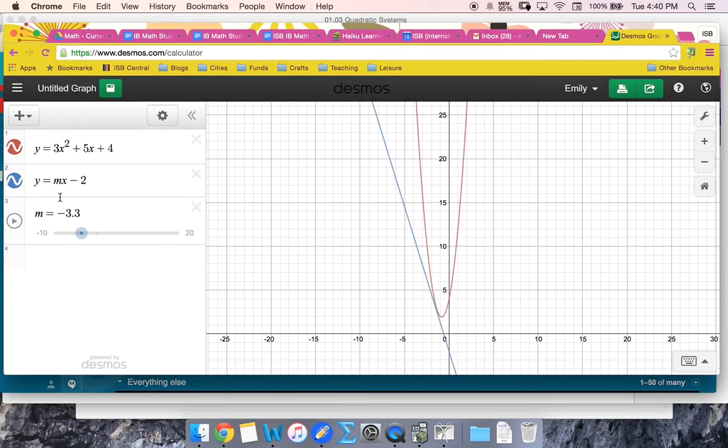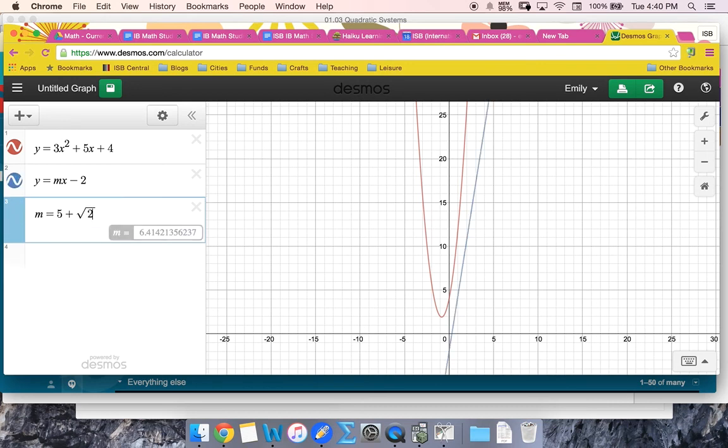So if my m value, I don't know if it's going to like this, but let's try 5 plus, we said 6 square root of 2. And sure enough, it looks like we have just one tangent. And if we tried the minus, there's our other tangent.